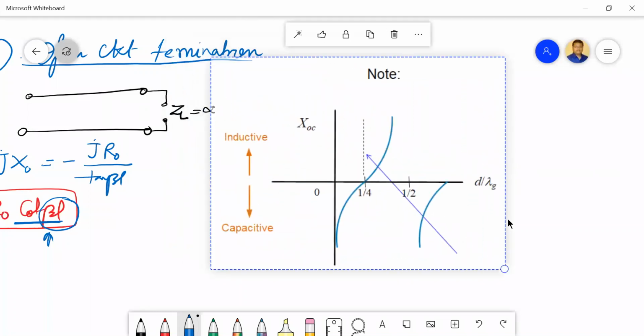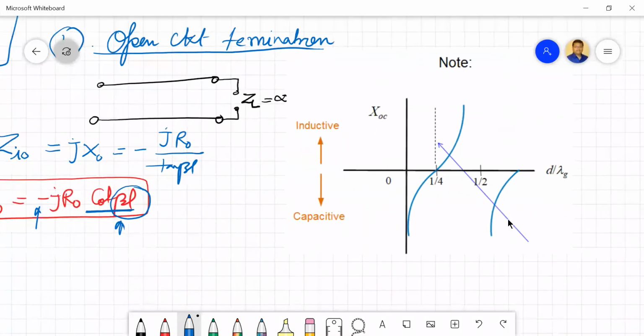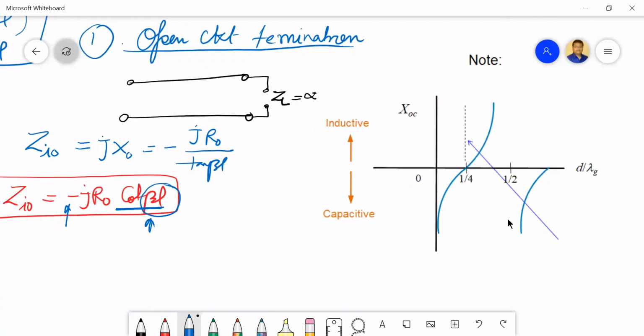Please check. If you plot the input impedance Zi for open circuit termination, the curve will look like this. Correct. And the upper part will provide you the inductive behavior, and the later part below this axis, d by lambda g, will provide you the capacitance. Fine.